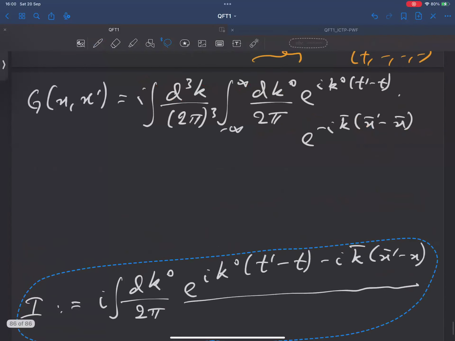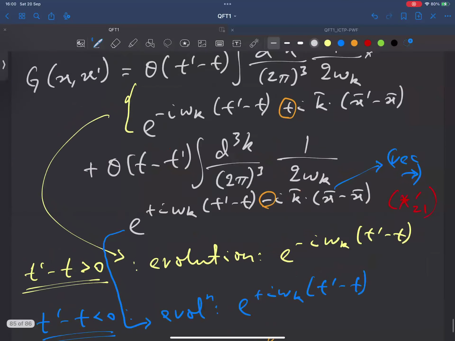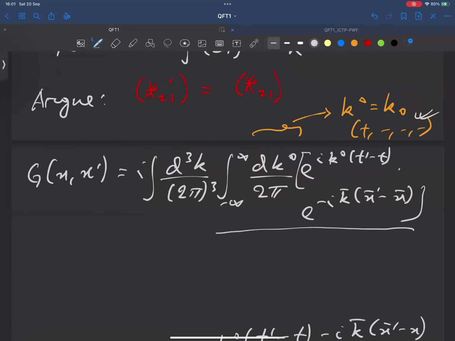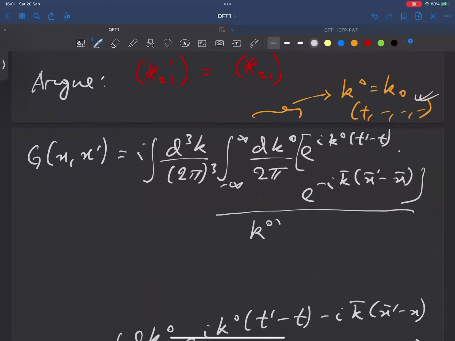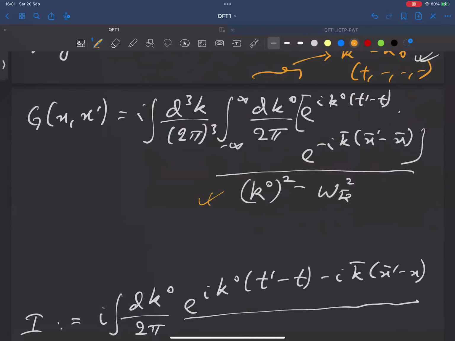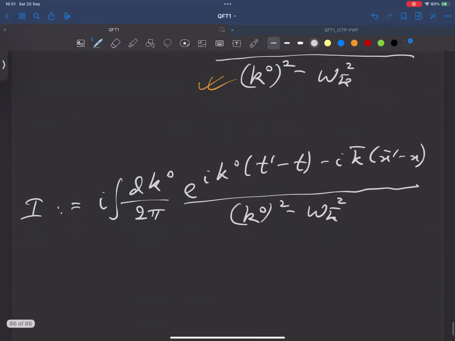Did I forget that factor anywhere else? No, this is fine. There's an overall factor of k square minus omega square, which you can write as k0 square minus omega_k square. I had forgotten to write that factor. So now let's evaluate the time integral, and let's split it up like a plus b and a minus b, just like we did in the beginning.